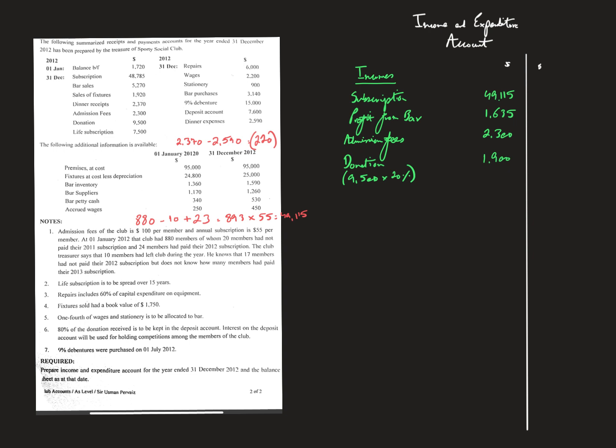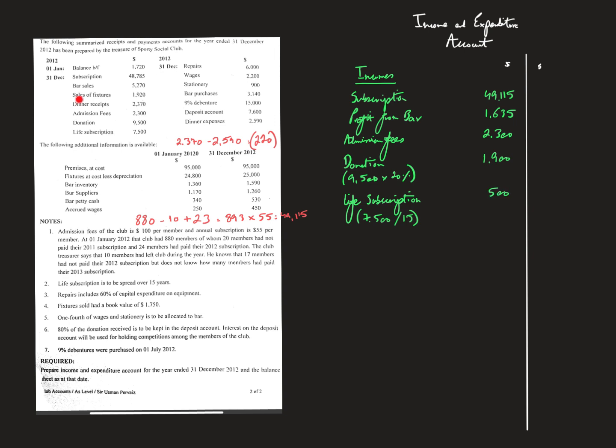Then life subscription: 7,500 divided by how many years? 15. That gives 500.